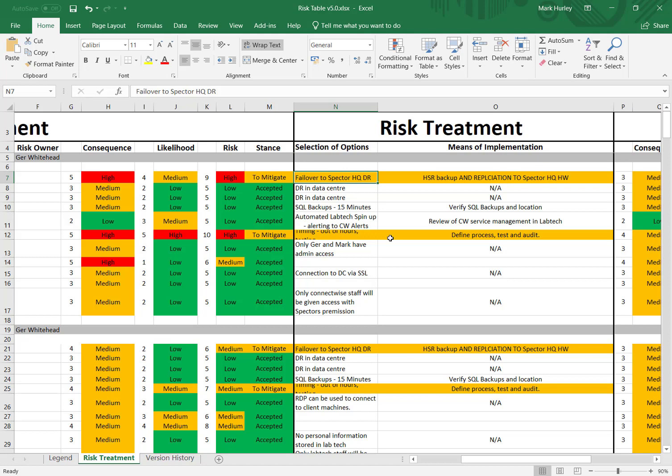So if our data center goes down, we have a server back here in the office which we fail over onto. Again, the consequences are high if it goes down. The likelihood of it going down is quite high as well. So we've chosen to bring it all back in-house. So we have redundancy here in-house to ensure that this risk is mitigated.